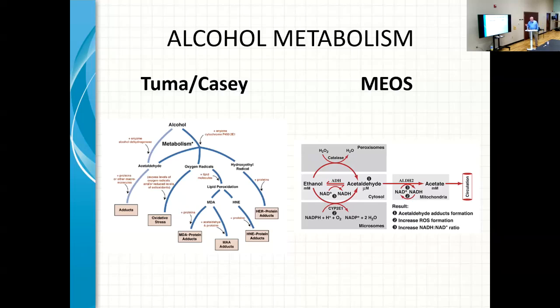MEOS is a situation where that blood alcohol concentration never gets back to 0. You go to bed intoxicated, you wake up intoxicated, and you repeat that same abusive drinking of alcohol.